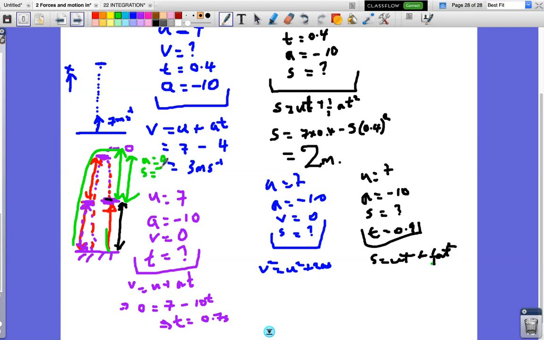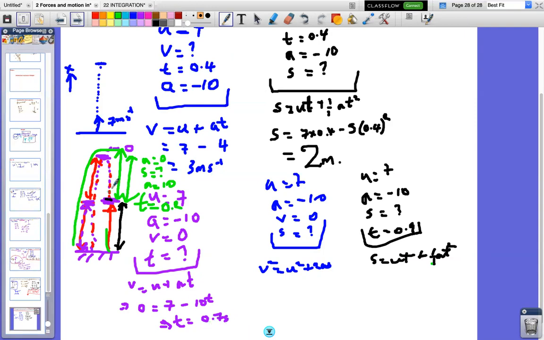S is what you are looking for. A is 10. What else do you need here? You don't know T. Oh, T is 0.2, right? Because 0.7 seconds is here, and then 0.2 seconds it should come here. So you can look for that height directly as well.